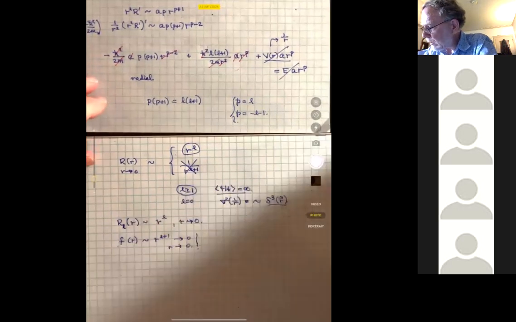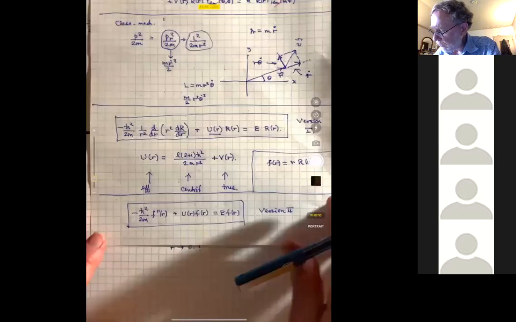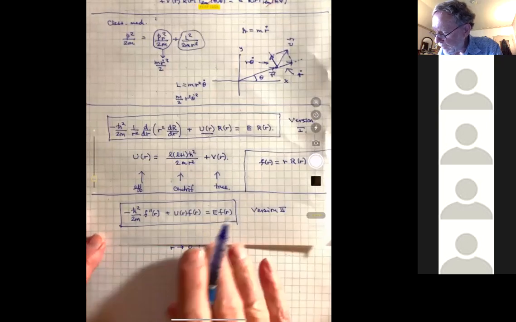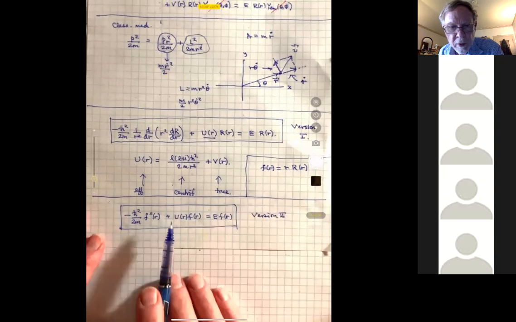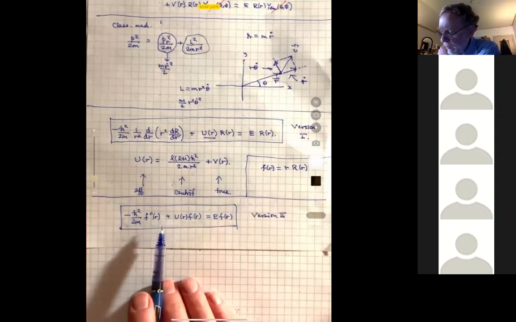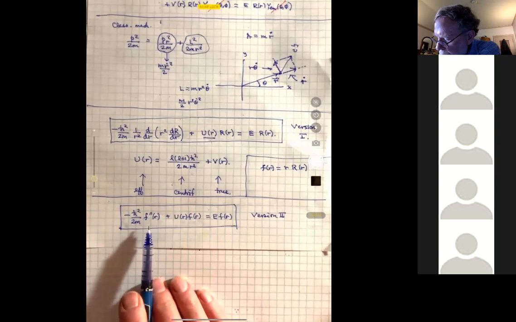And so if I go back to version 2 of the radial Schrodinger equation, and that's the version I want to use because I want to invoke these theorems that we had earlier for 1D quantum mechanics. The wave function f of r, version 2, must go to 0 at the origin for both bound states and unbound states. For bound states, it goes to 0 as r goes to infinity as well.